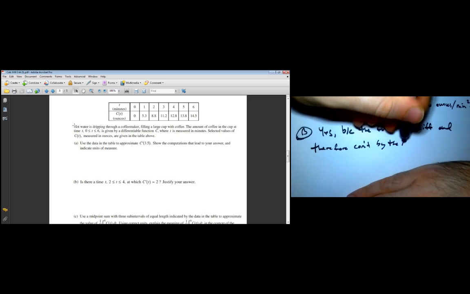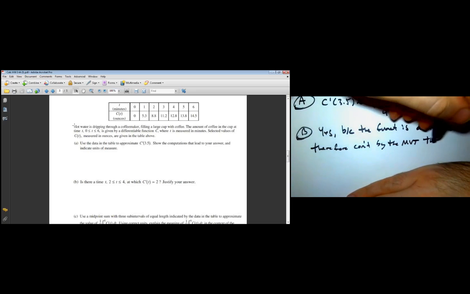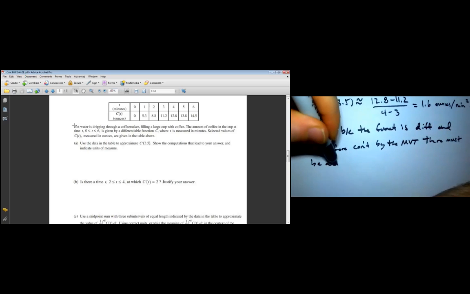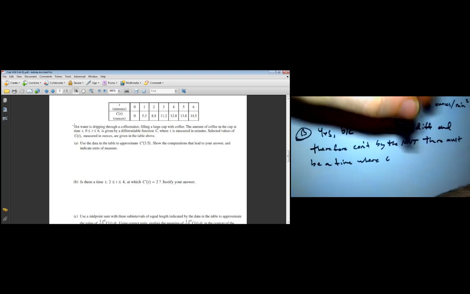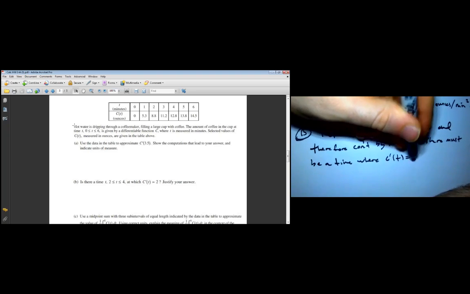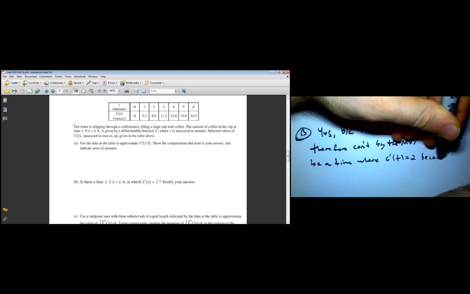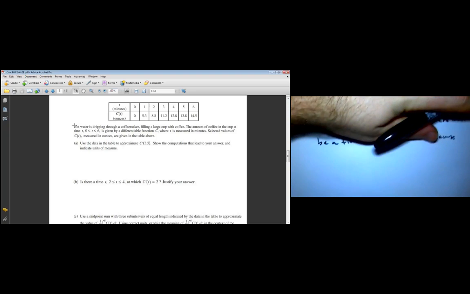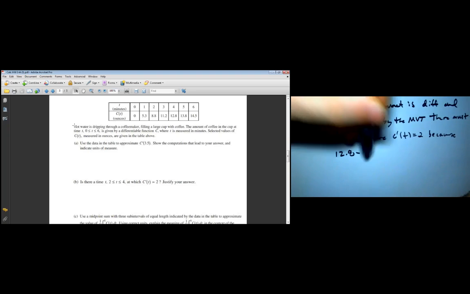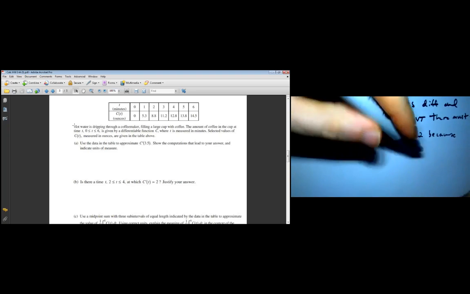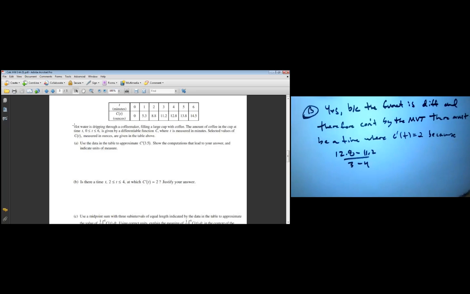By the mean value theorem, there must be a time where C prime of t is equal to 2, because, and then we're just going to show the slopes, because what? 12.8 minus 11.2 over 3 minus 4.